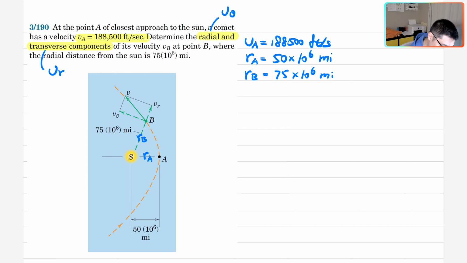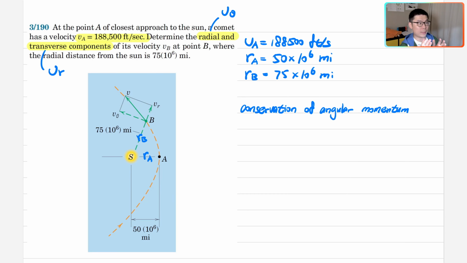So, if we are applying the conservation of angular momentum, we will have the angular momentum at point A equal to the angular momentum at point B. In this case, for the comet, m RA VA equals the same mass times RB VB.